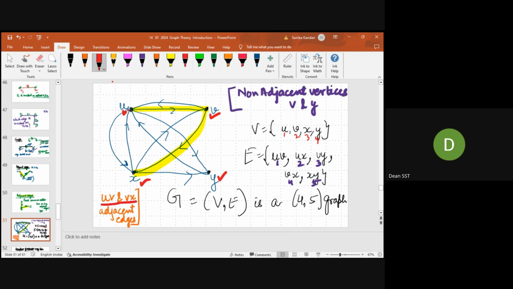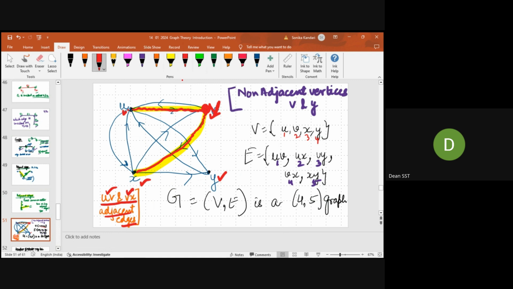UV is this one, and VX is this one. They both have one common vertex, that is V. So yes, UV and VX are adjacent edges. Is it clear, class?